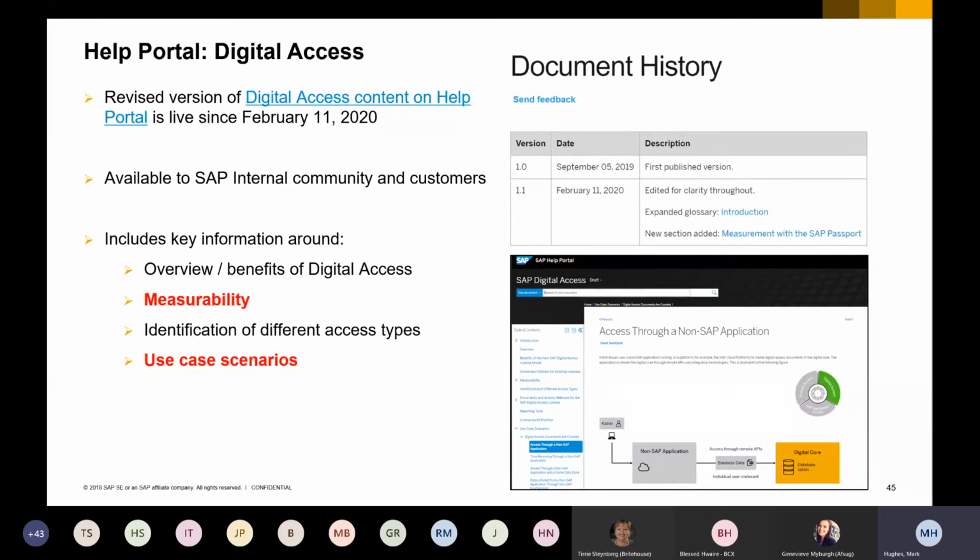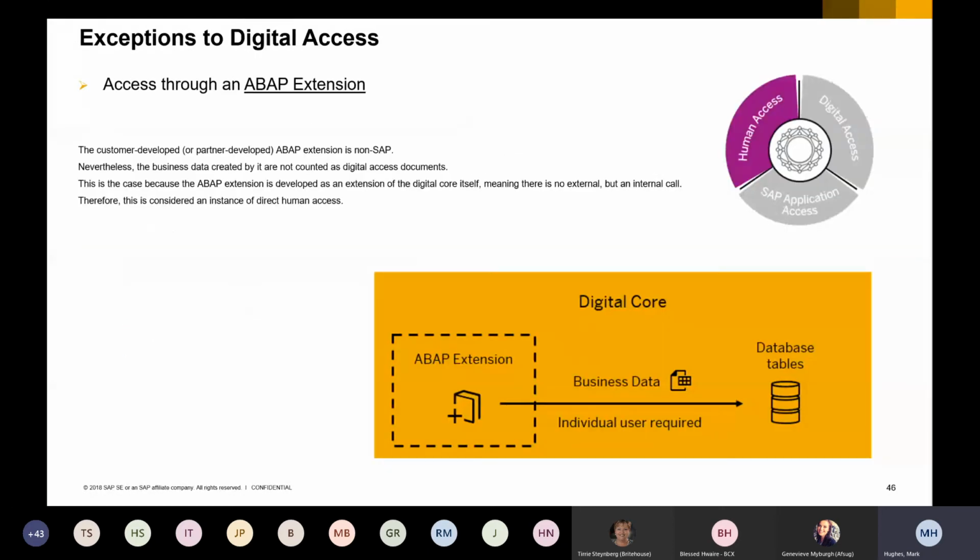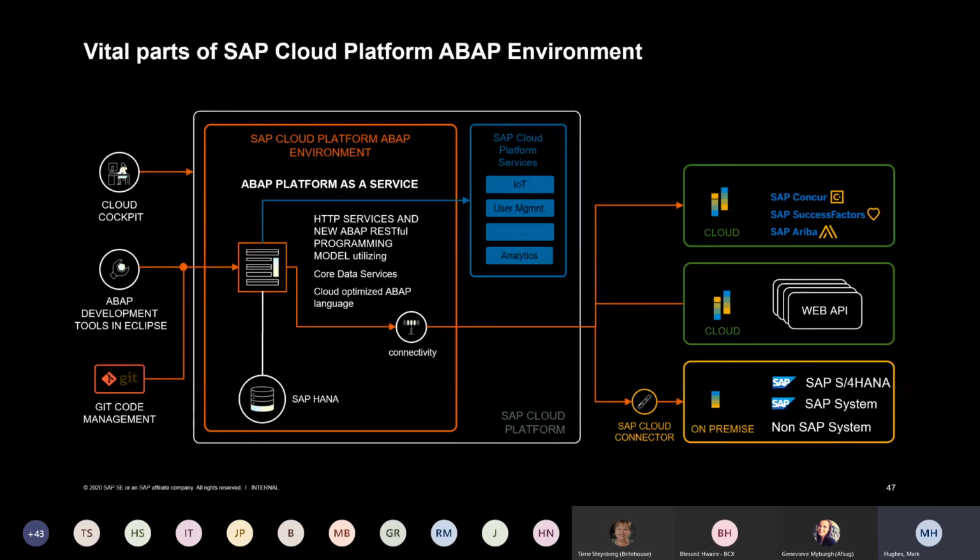Specifically here, what's in red is this measurability aspect, and also quite a number of interesting use cases like this, for example, where accessing the core via a custom-built ABAP extension is considered human access. Anyone who thinks ABAP's going away should definitely go and have a look at the cloud platform, where we have ABAP even in a RESTful programming model now available to you.